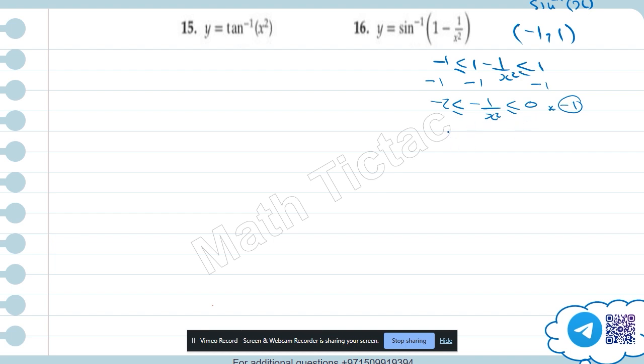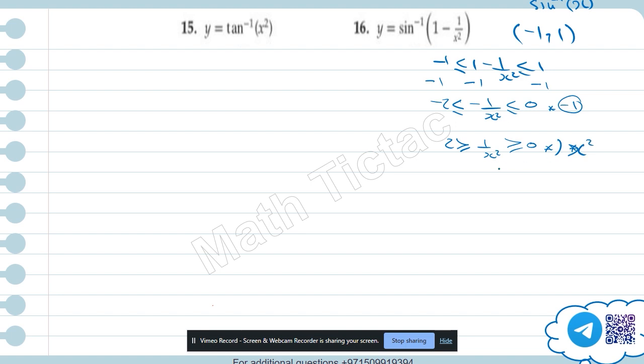Then I'll multiply everything by x squared. So this is 2x squared greater than or equal to 1. We don't need this term anymore, because x squared with x squared is eliminated. Then divide by 2 and take the square root for both sides.